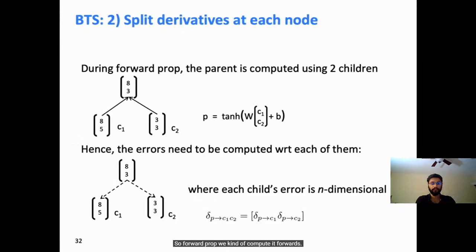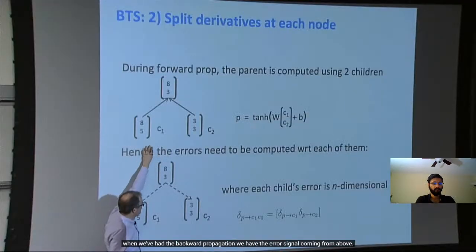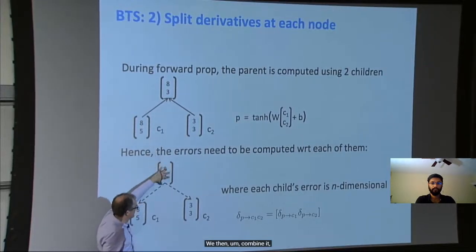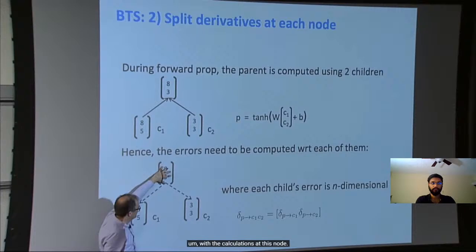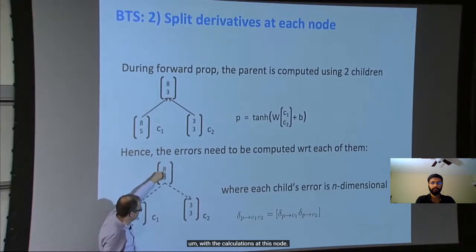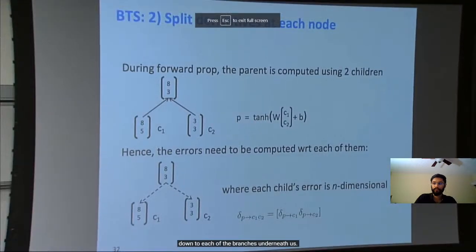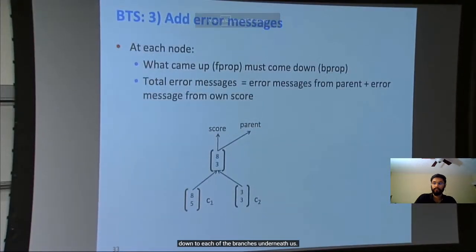So for forward prop, we compute forwards, and then in backpropagation, we have the error signal coming from above, we combine it with the calculations at this node, and then we send it back in a tree structure down to each of the branches underneath us.